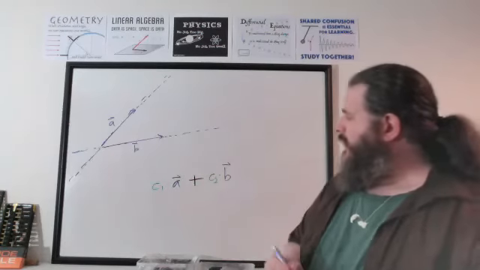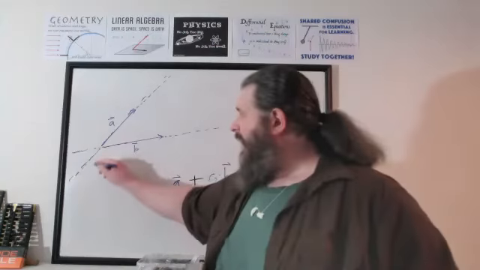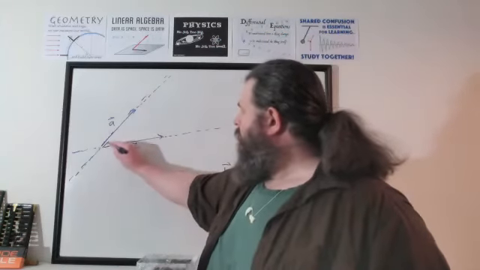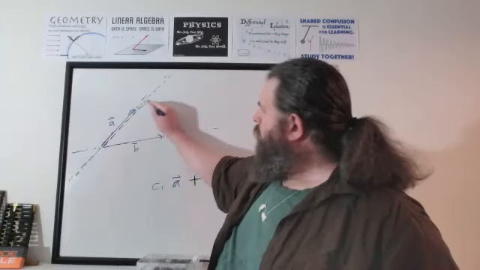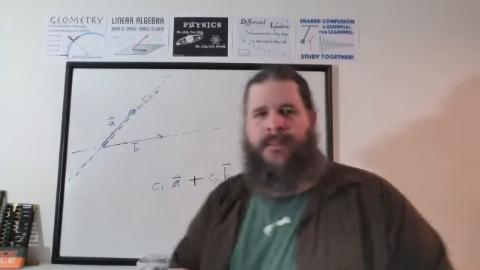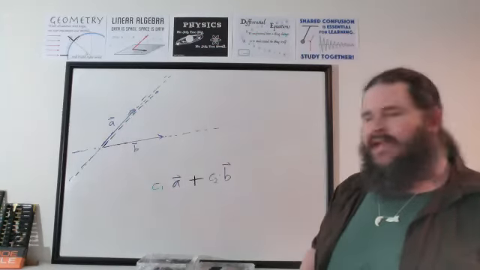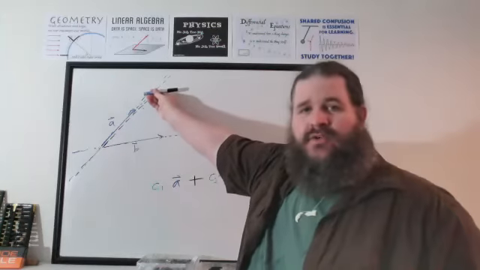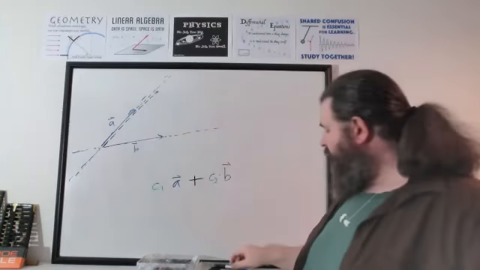So for example, you might go some distance along the A line. Maybe you go A times 1.5. And you get to here. But then we're adding vectors. Adding vectors, you go some distance in the A direction, and then from there as your new starting point, go some distance in the B direction.